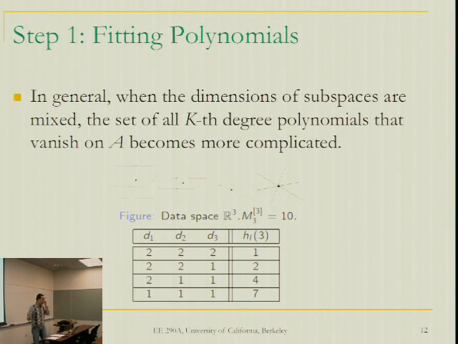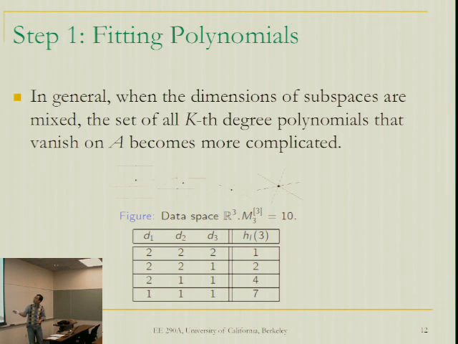Finding those vanishing polynomials becomes more complicated. We have just seen one example, right? If we have just one plane and one line, the number of vanishing polynomials will be 2. It's not going to be 1 anymore, which means the dimension of the null space is 2.